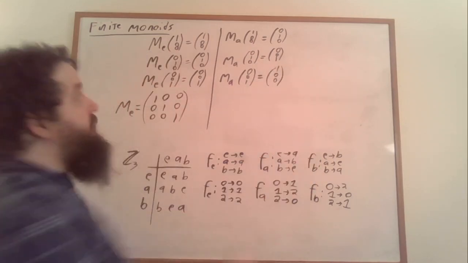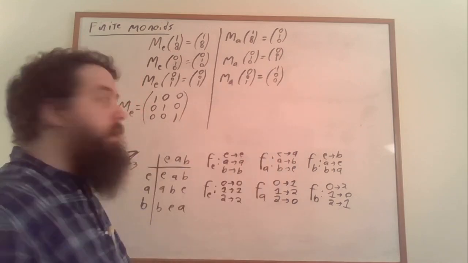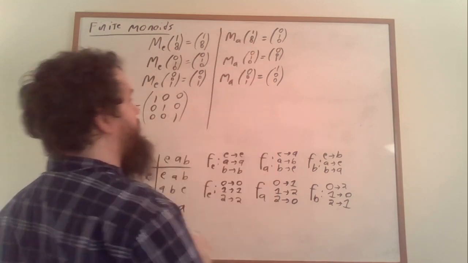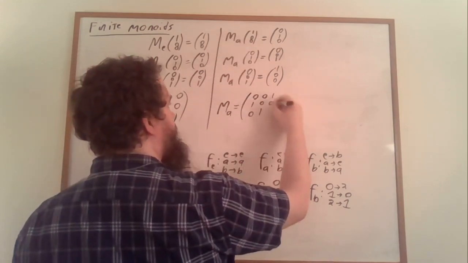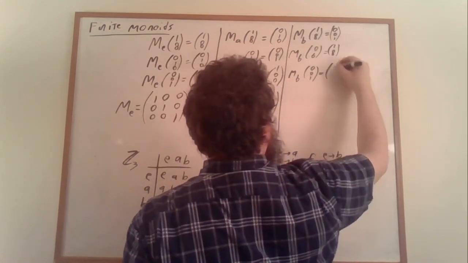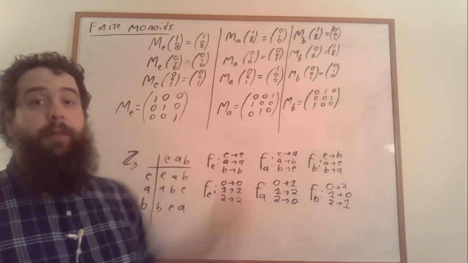And so again, if we take these 3 vectors and stack them next to each other, we're going to wind up with a matrix representing this function here. And the same for m sub b.